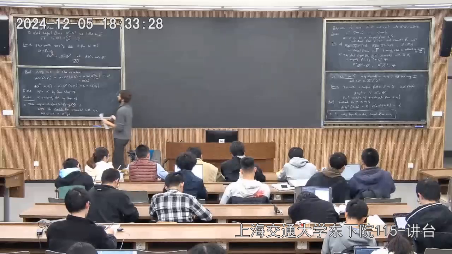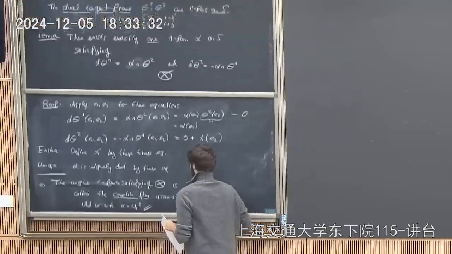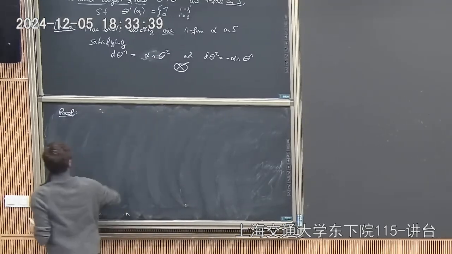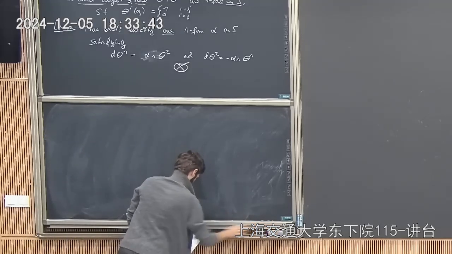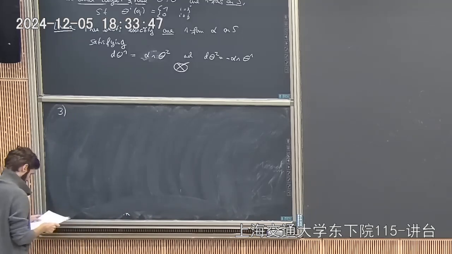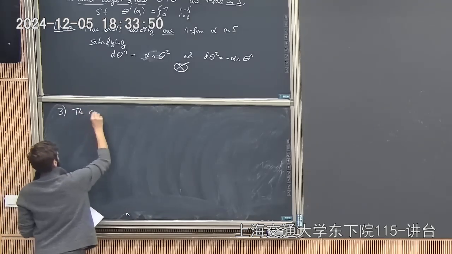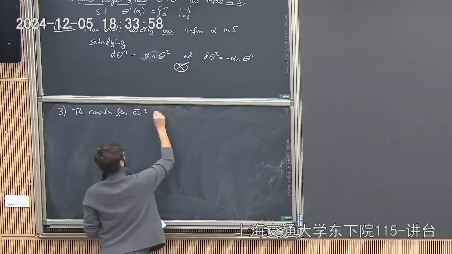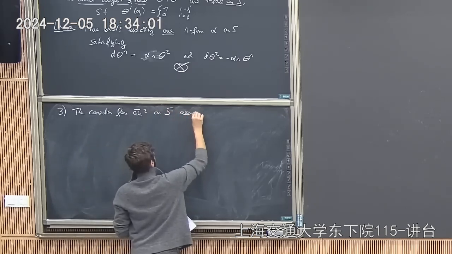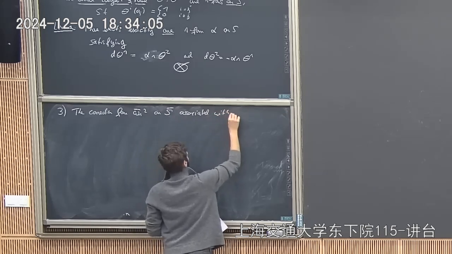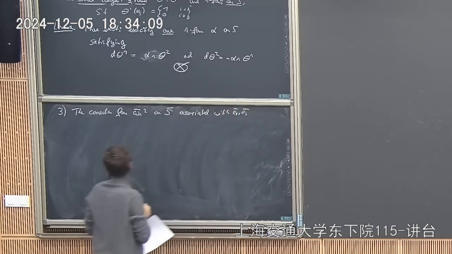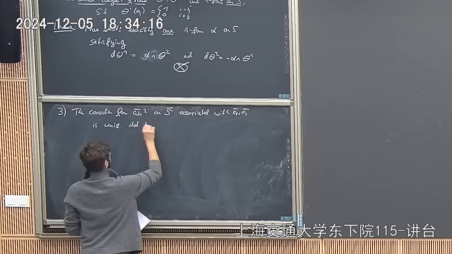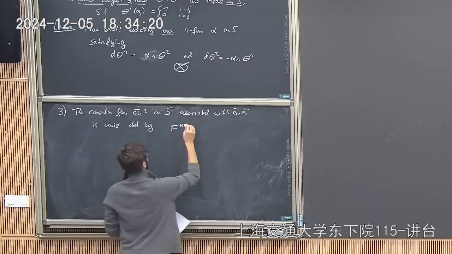And then the third point says that the connection form omega 1, 2 bar on S bar associated with E1 bar and E2 bar is uniquely determined by the same kind of equation.